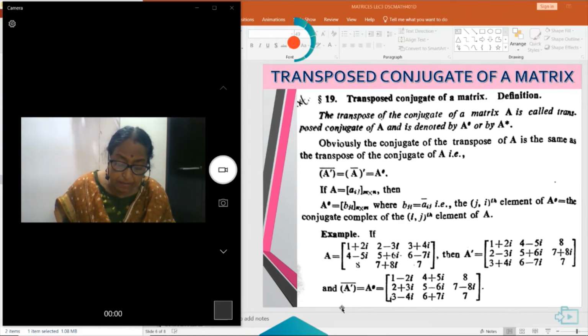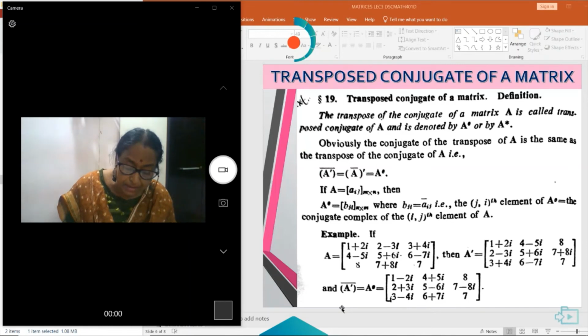That is, 1 plus 2i becomes, after taking the bar, 1 minus 2i, and 4 minus 5i becomes 4 plus 5i, and the real number 8 remains as usual. Then 2 minus 3i becomes 2 plus 3i, 5 plus 6i becomes 5 minus 6i, and so on.